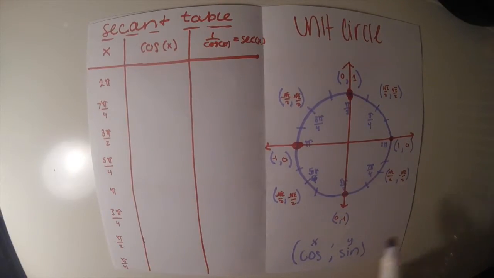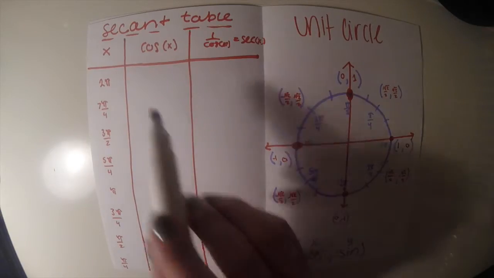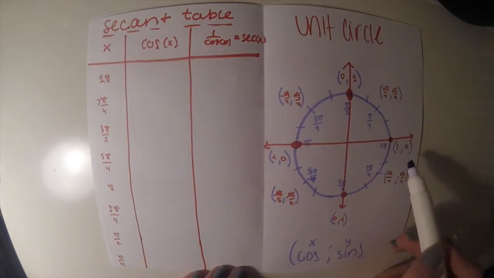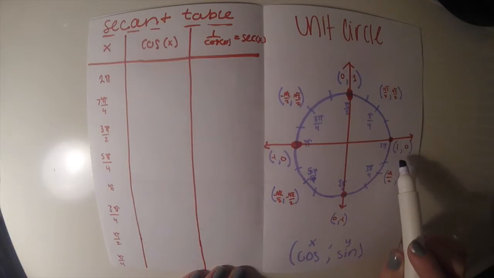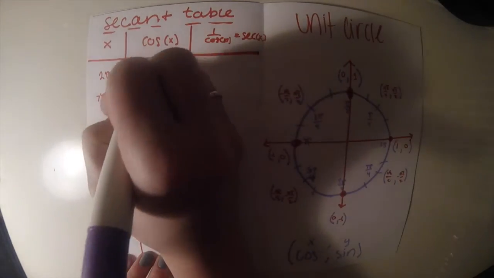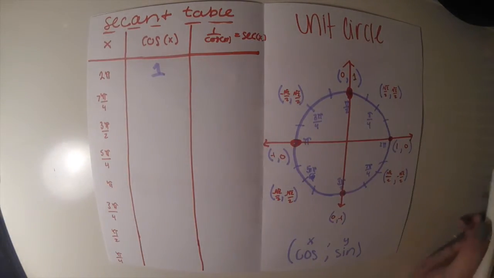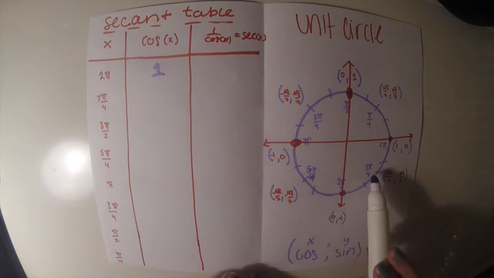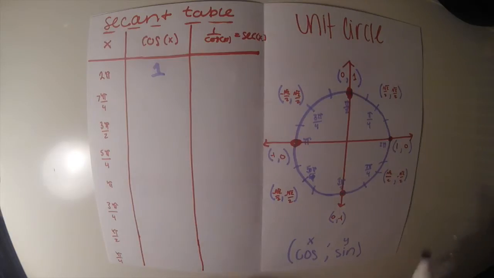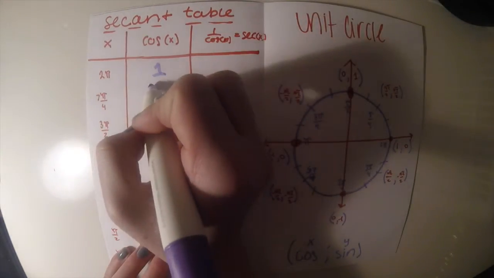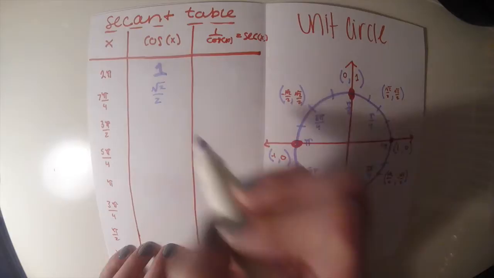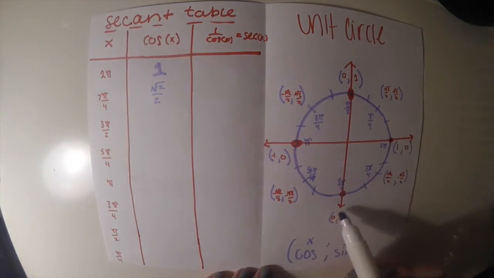So anything that's in the x right here is going to be cosine, and we're going to place that right there. The x in 2 pi is 1, so we know that cosine of 2 pi is equal to 1. And we'll do 7 pi over 4. In this case, it is radical 2 over 2.